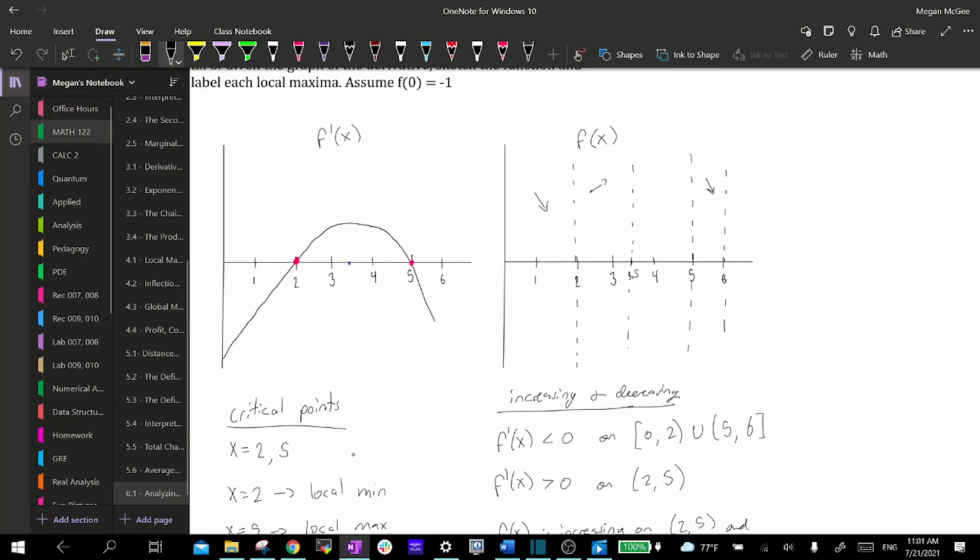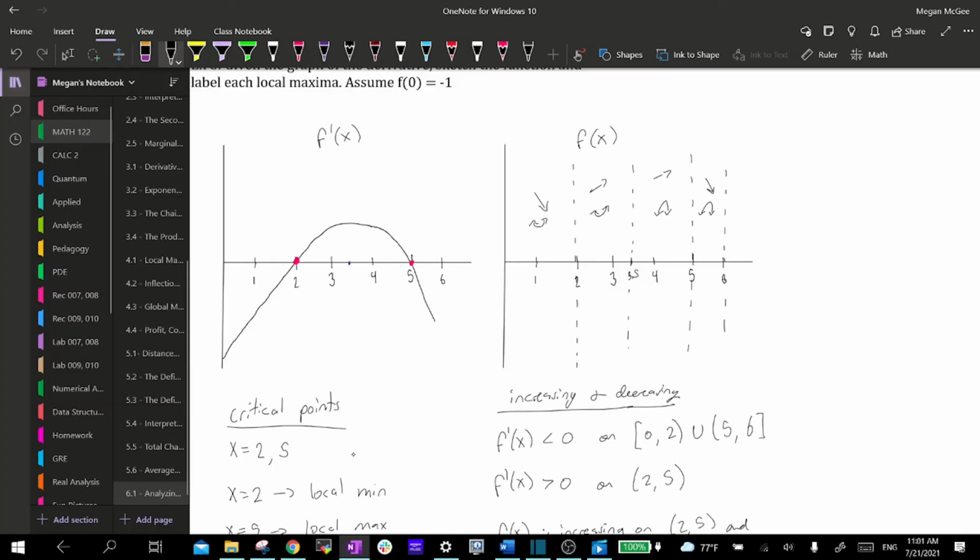We're still increasing on both of here, but now we were concave up on the left-hand side and concave down on the right-hand side. So concave down here, concave up here. Okay, we also know we have a local minimum at x is equal to 2 and a local maximum at x is equal to 5.